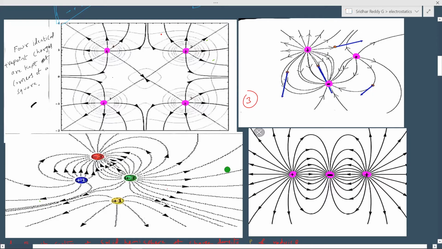Charges can be produced by rubbing bodies, then electrostatic induction, then conduction, then Coulomb's law. Then Coulomb's law in vector form, then the superposition principle, then the electric field concept, electric field strength, then electric field in vector form, then lines of force. Today we had all the discussion about this much.